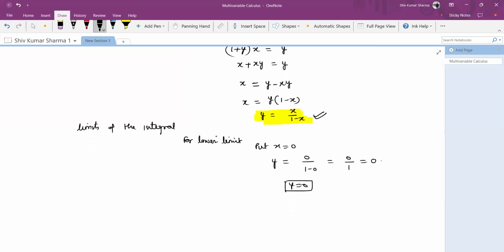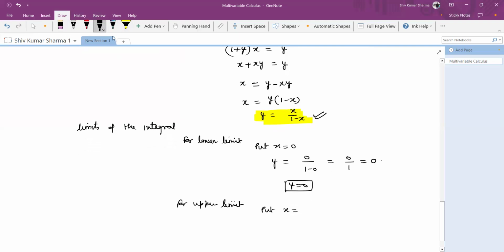Now we talk about the upper limit. For the upper limit we put x is equal to 1, sorry, for the upper limit x is equal to 1.